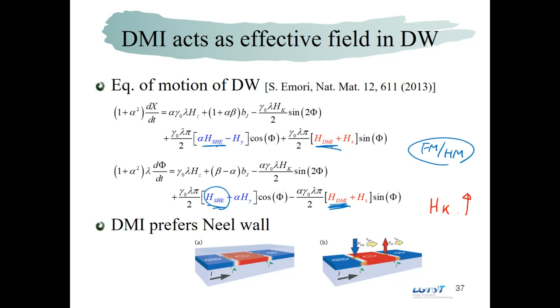And this spin Hall effect is very effective only for the Néel type domain wall. So by the combination of the DMI and the spin Hall effect, we believe we can obtain very effective domain wall motion. That's my answer.